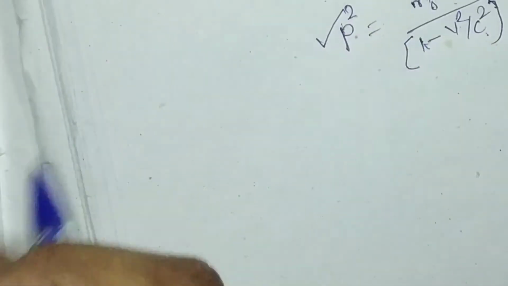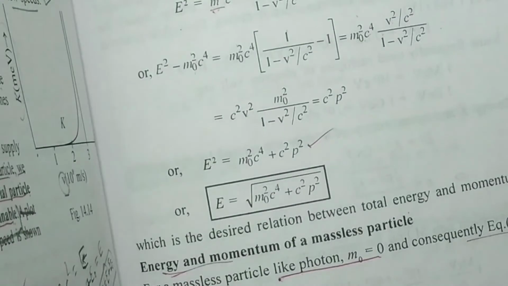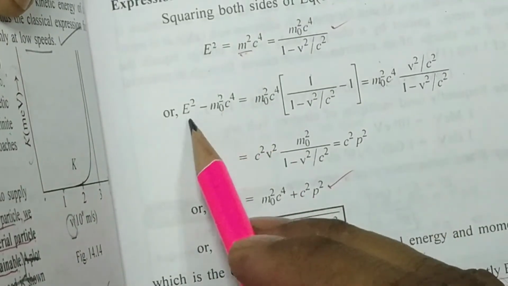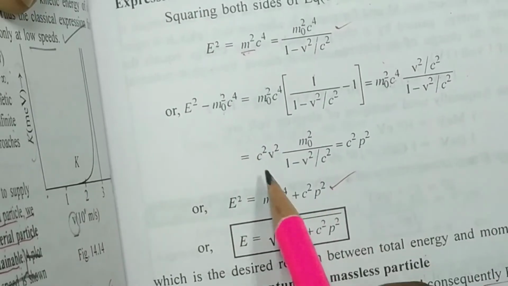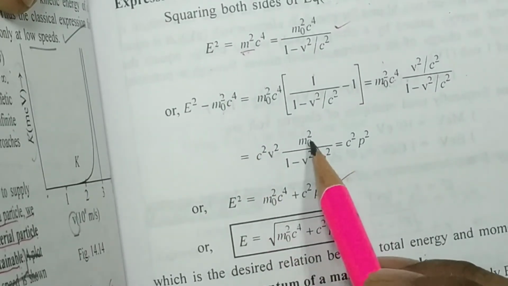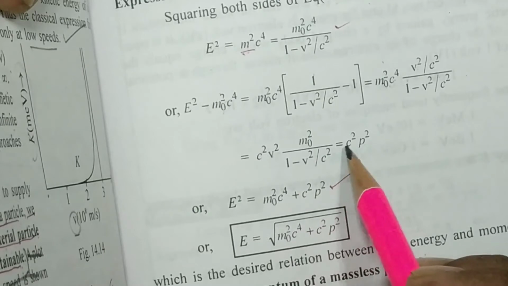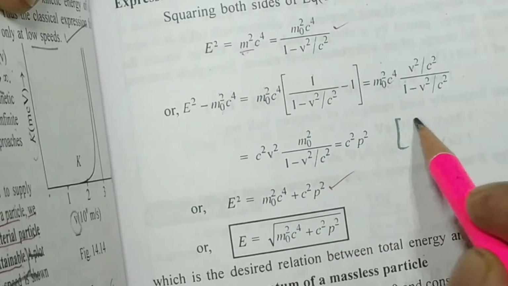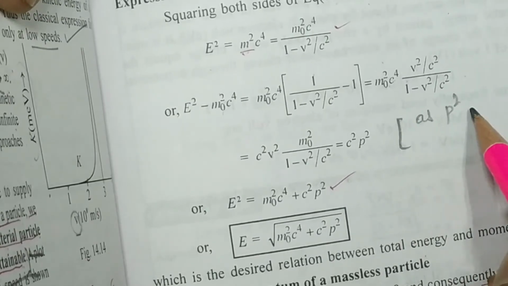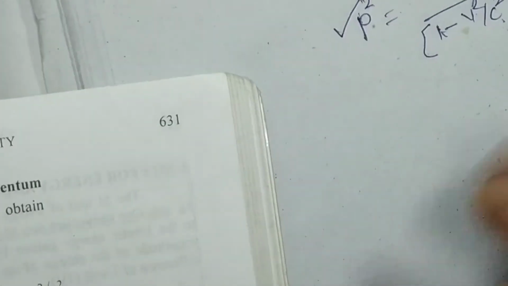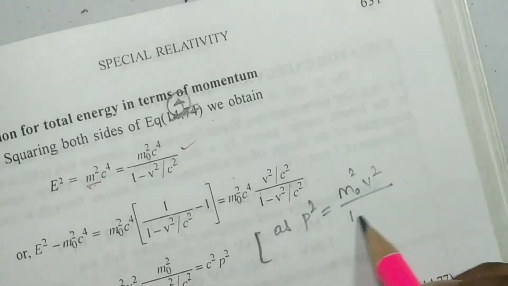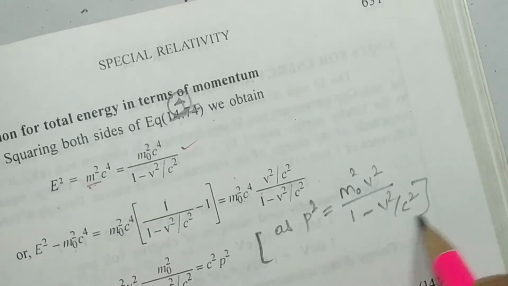So you have to write that E square minus m0 square c to the power 4 equals c square v square into m0 square by 1 minus v square by c square, which is equal to c square into p square, as p square is nothing but m0 square v square by 1 minus v square by c square.